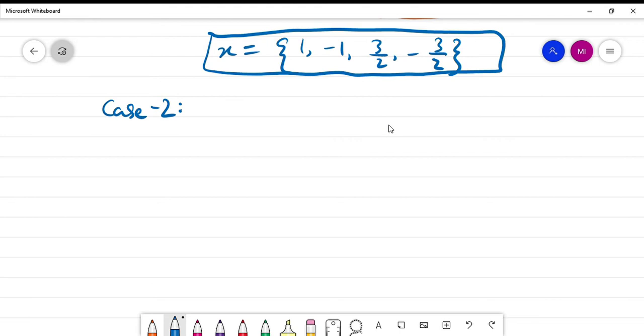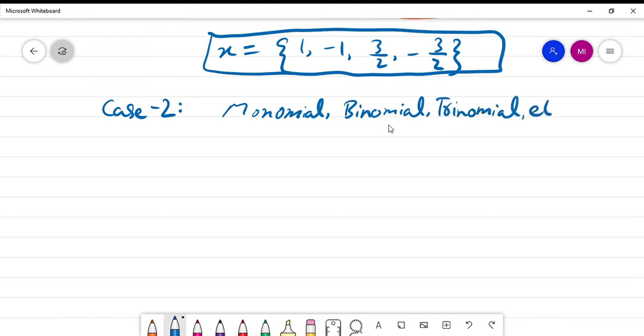Polynomials can actually consist of just a constant. They're classified as monomial, binomial, trinomial, etc. In monomial, mono stands for or means 1.